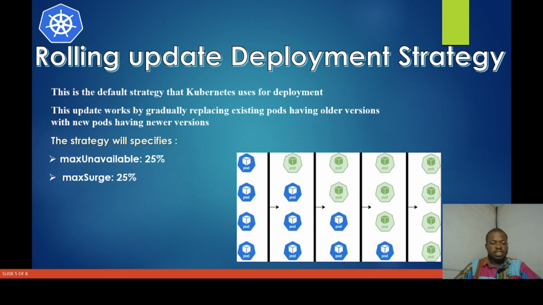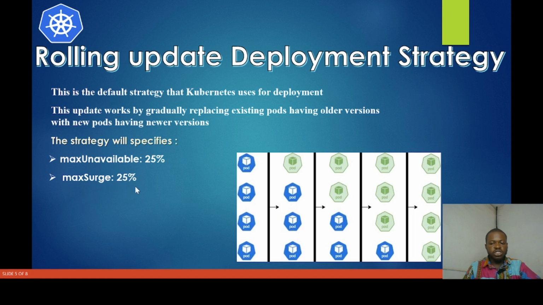To explain this, max unavailable is the maximum number or percentage of pods unavailable at a time. So to say, if you have 4 pods and we've set our max unavailable at 1 or 25%, what it means is the number of pods that will be unavailable at a time. So you have 1 pod that's gone.